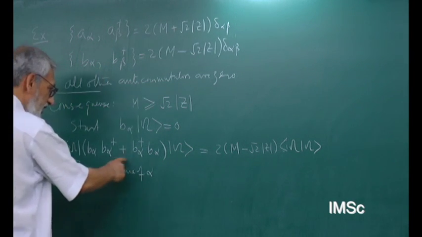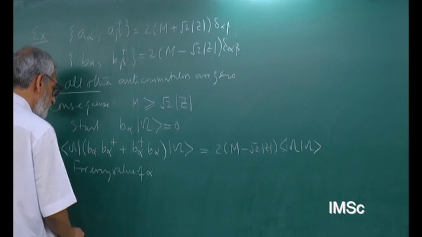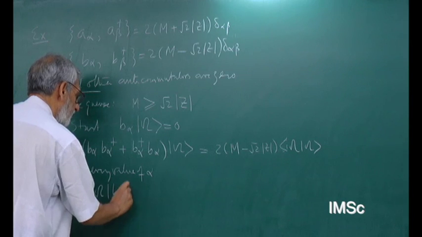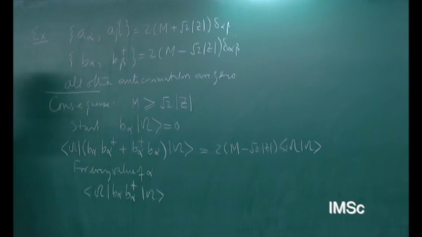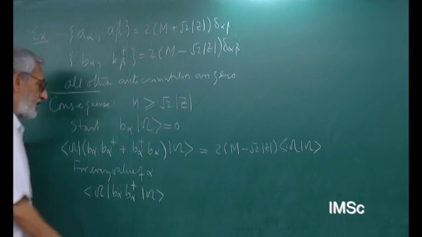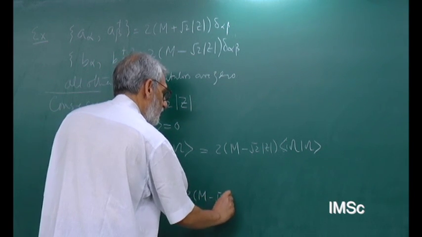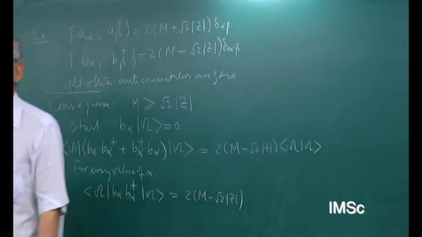Now on the left hand side, because this is 0, all you have is this, and that is B alpha dagger omega expectation value equal to 2m root 2 z. If you have normalized this to 1, that's 1.